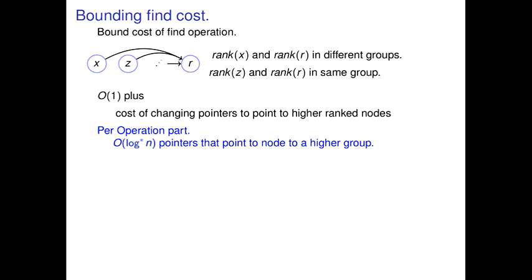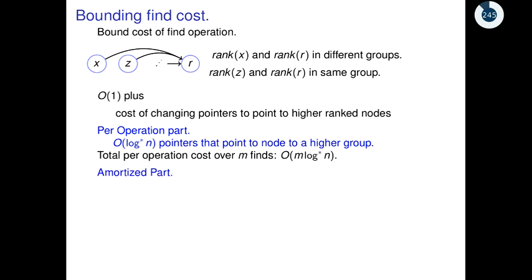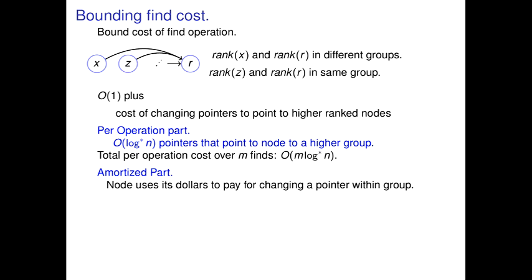And now the total over m finds is m log star n, because for each find we're going to pay for the change of pointer where you pointed to somebody in a higher group. Now there's the amortized part. We're going to talk about Z. So that pays for all the pointer changes that look like rank of X and rank of R in different groups. A node uses its dollars to pay for changing a pointer within a group.